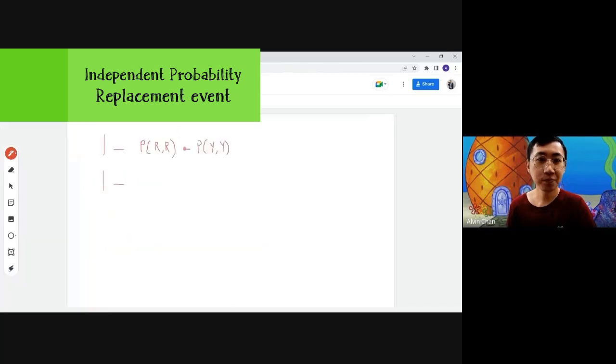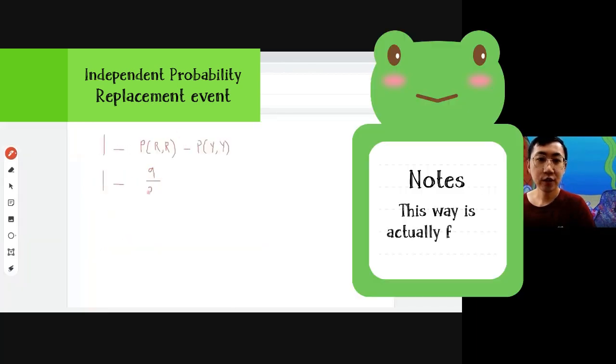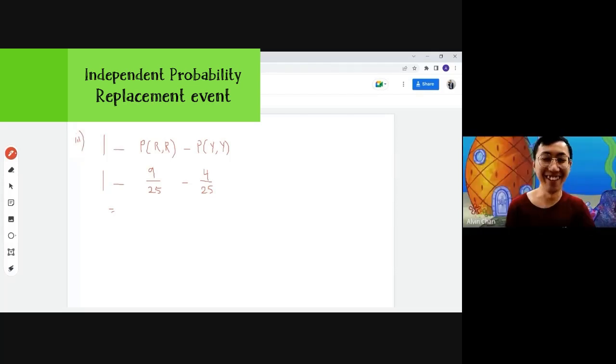Let's try. 9 over 25 minus 4 over 25. Okay, type this in the calculator for me. This is also for part 3. Okay, it's 12 over 25, right? See? So sometimes there are many ways to do probability.